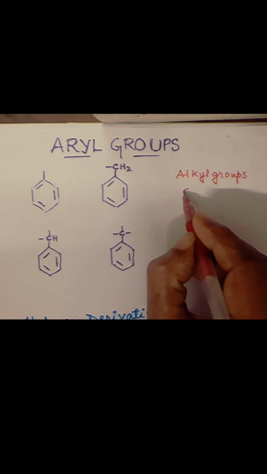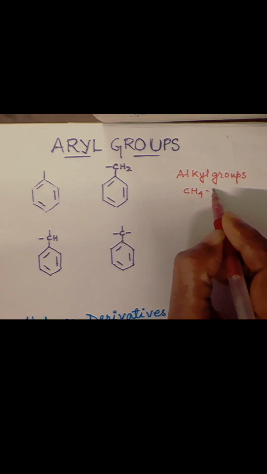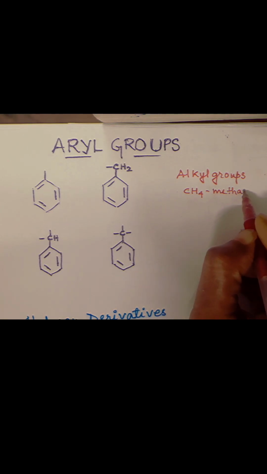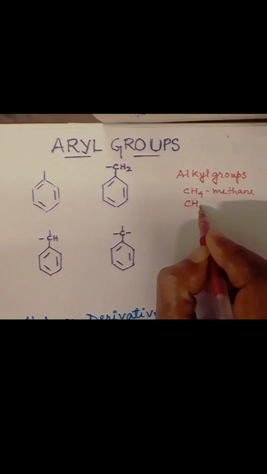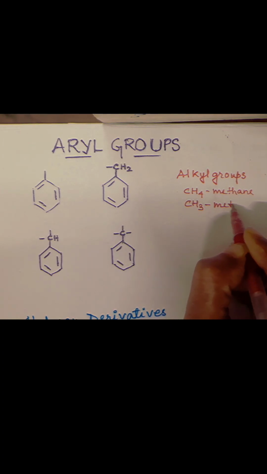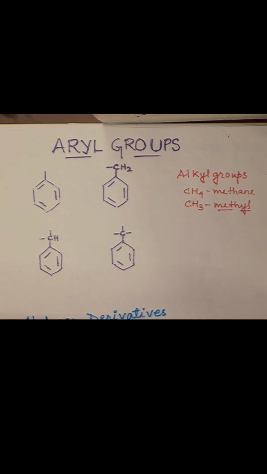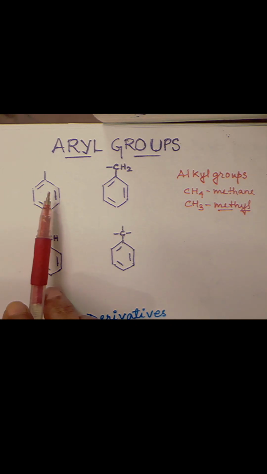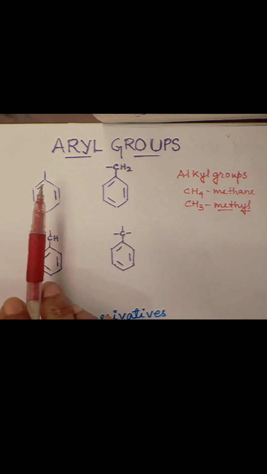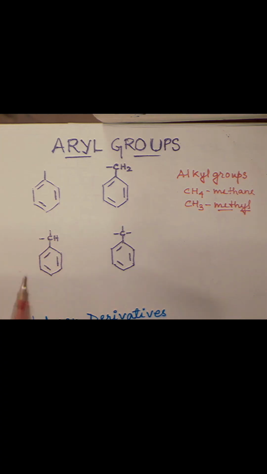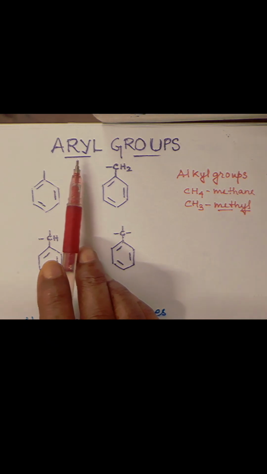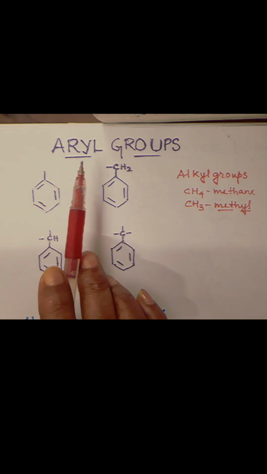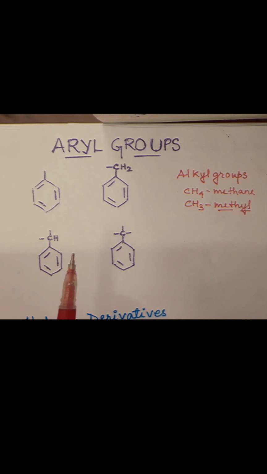For example, if I have CH4 as methane, then CH3 is methyl, an alkyl. Similarly, if we have a benzene ring and a hydrogen less than benzene, that is C6H5 along with something else, then it is called aryl. C6H5 is aryl.